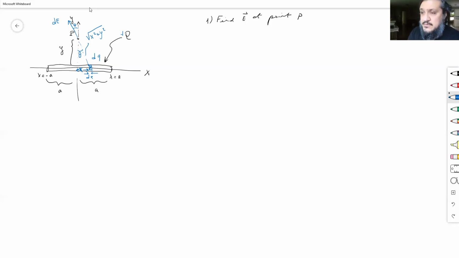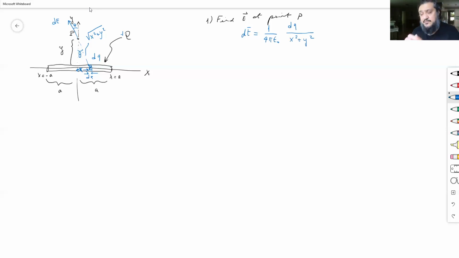According to Coulomb's formula, or for electric field due to a point charge, we have dE equal to this constant 1 over 4 pi epsilon 0 times that charge divided by the square of the distance between the source and the observation point, point P. So if you take that square, that is x squared plus y squared.